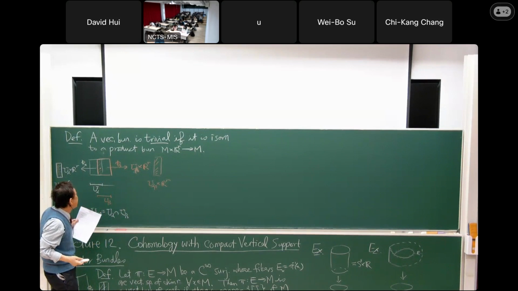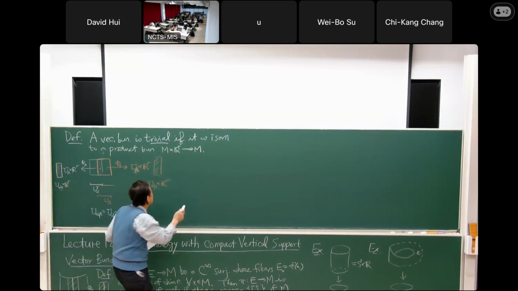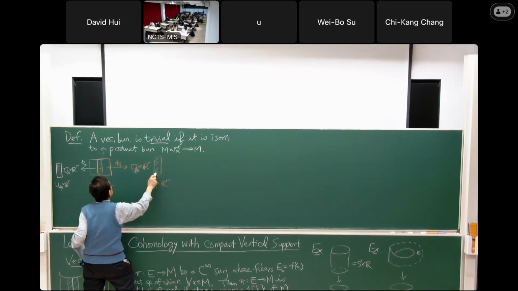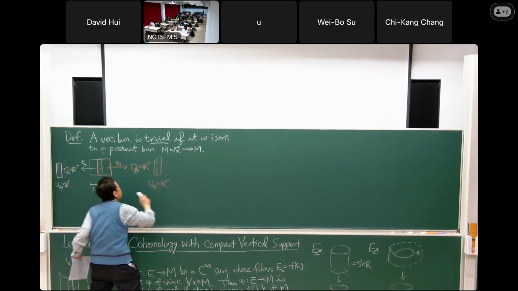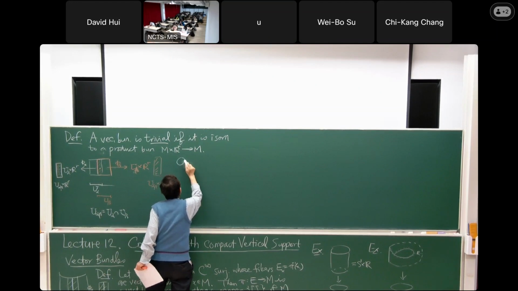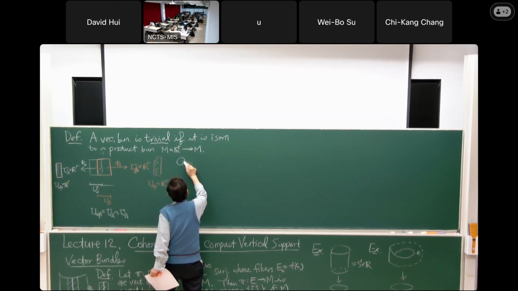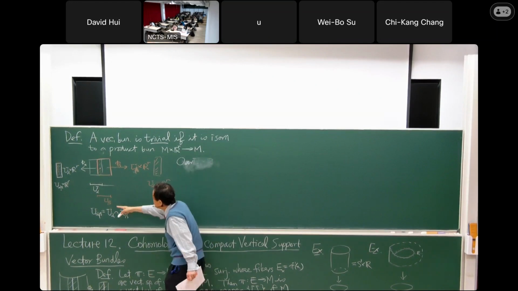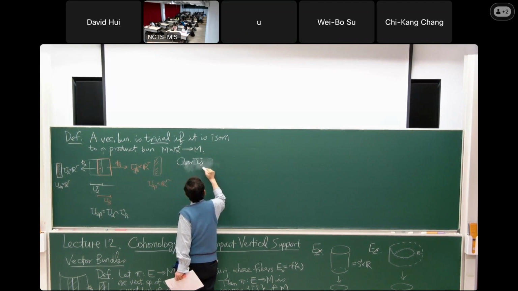And so you can look at the map going from here to here. Okay, so that's phi alpha on U alpha beta cross R to the R. Yeah, so over the intersection U alpha beta.